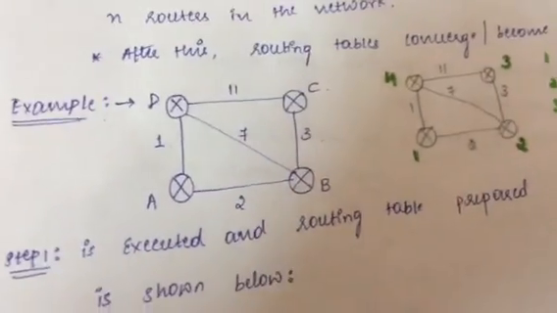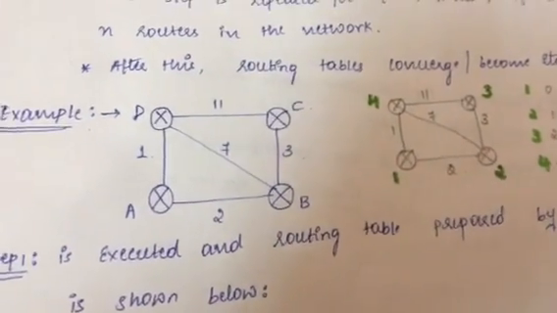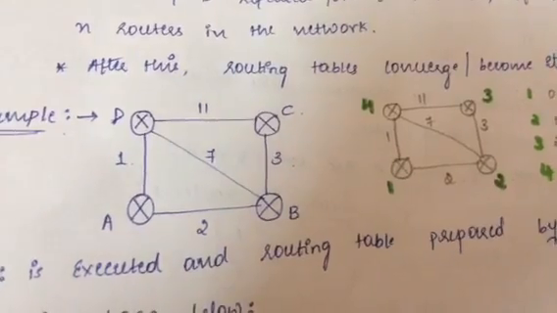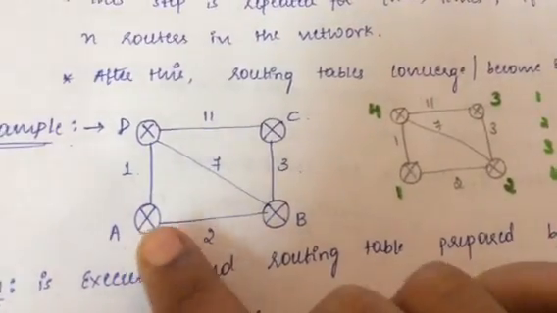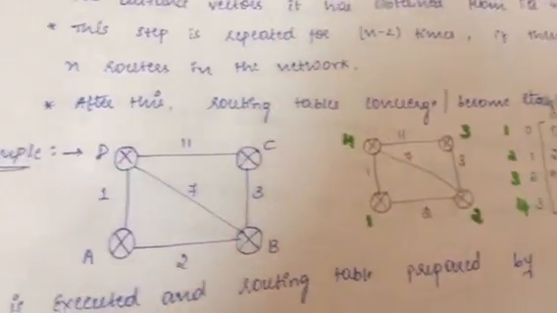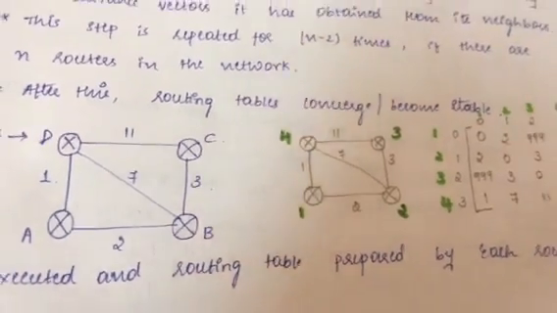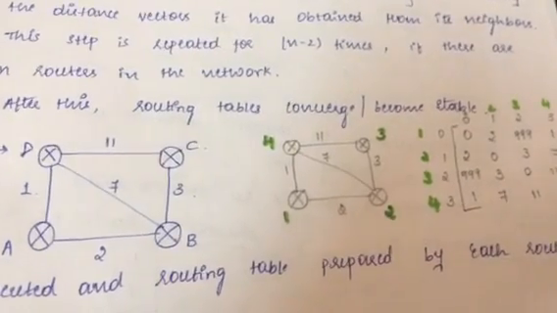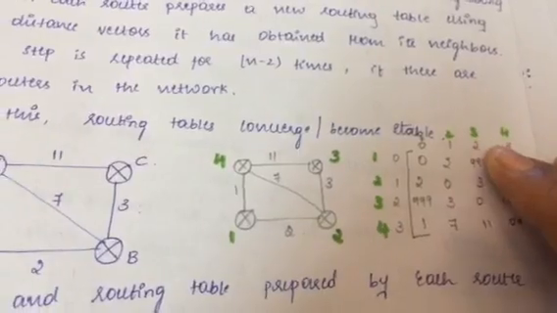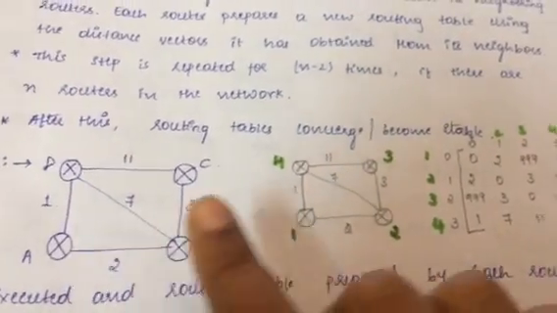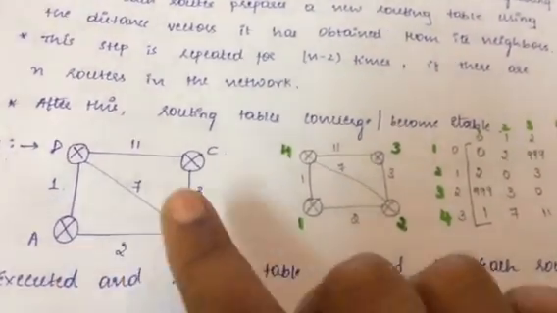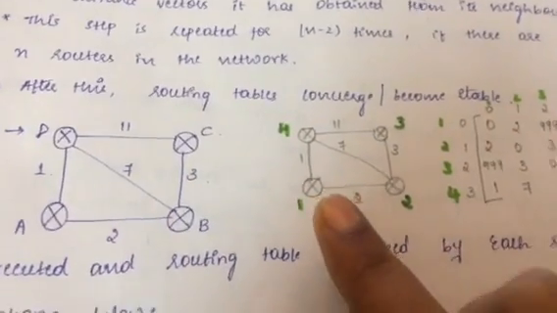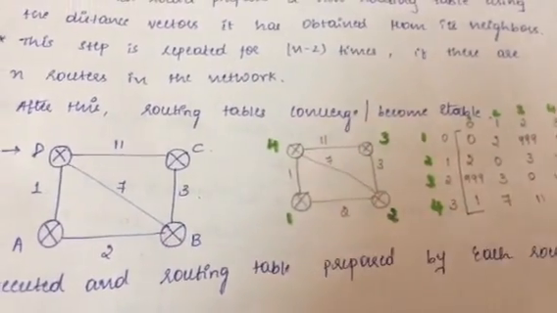Okay, so I have utilized this particular example. Here A, B, C and D I have taken. You can take any namings. In the program, instead of A, B, C and D as the naming of the routers, I have taken 1, 2, 3 and 4. So the same diagram, instead of the alphabet A, B, C, D, I have taken the numbers 1, 2, 3, 4.